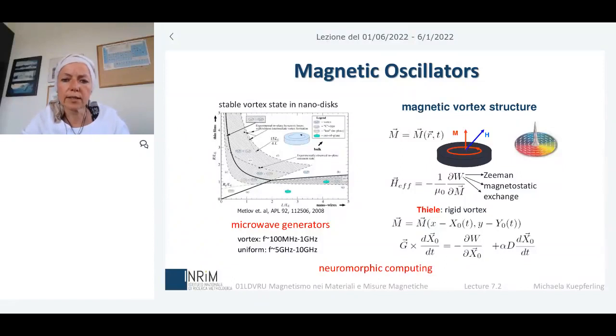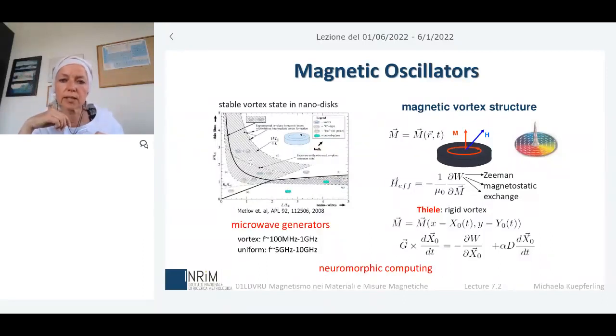One is that the power of one nanostructure is very low, and the second one is, in order to get to higher powers, you have to synchronize many different structures, and synchronizing is not that easy, because you would need to produce the single elements in a very reproducible way, so that they have resonance frequencies almost exactly the same. Nevertheless, one is coming back to these vortex structures for two reasons.